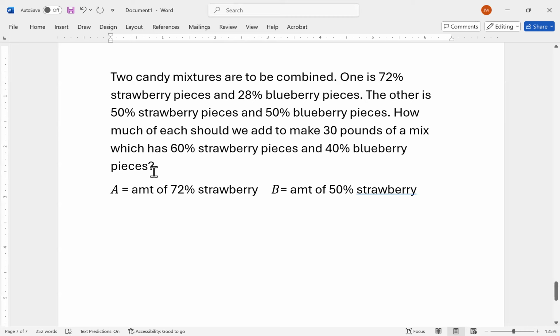Now, if I just think about it in terms of strawberries, I can set up two equations. I can set up one that is the total amount equation. A plus B, the two mixtures, have to add to make a 30-pound mix. And then my second equation can be the strawberry mixture ratio.